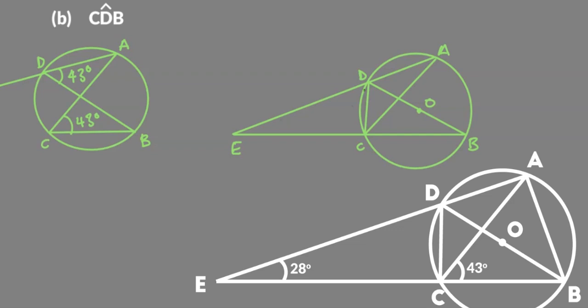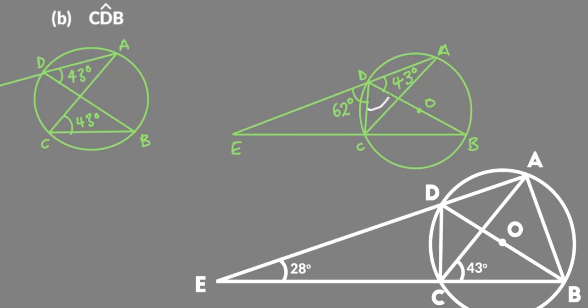We have a 43 from this earlier diagram that we drew, and from the earlier question we had 62 degrees here. And now we've been asked to find the angle CDB, which is the angle here.